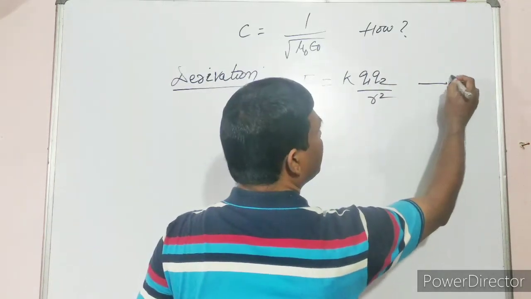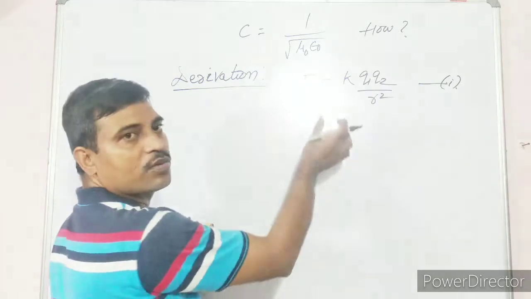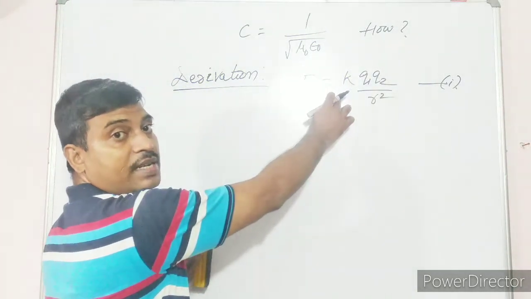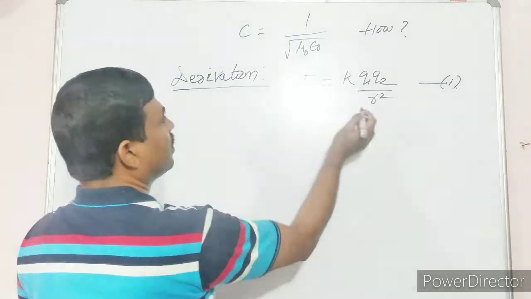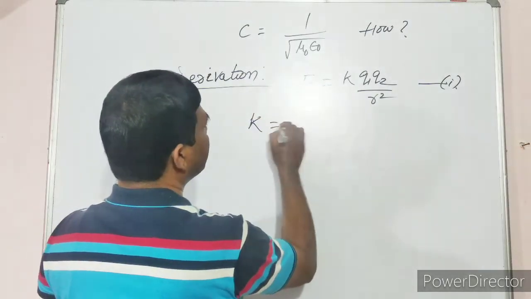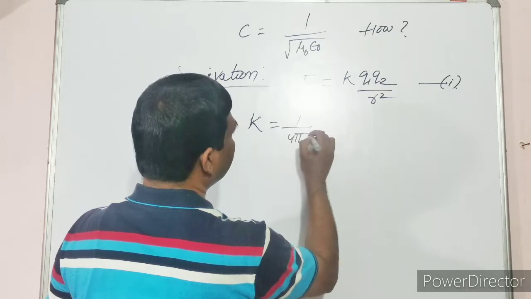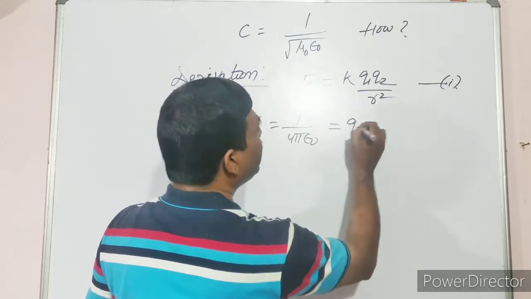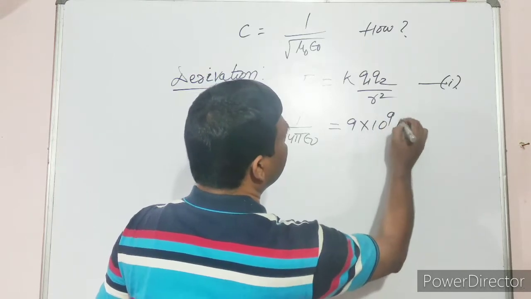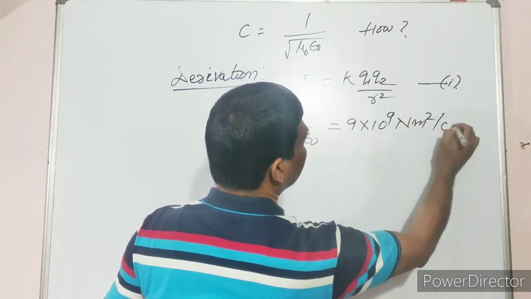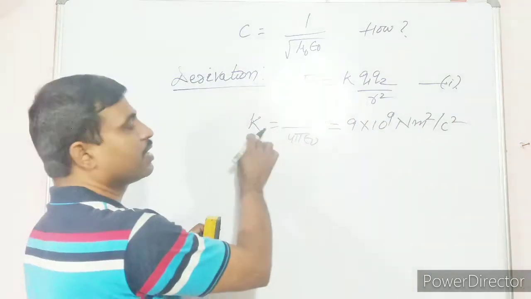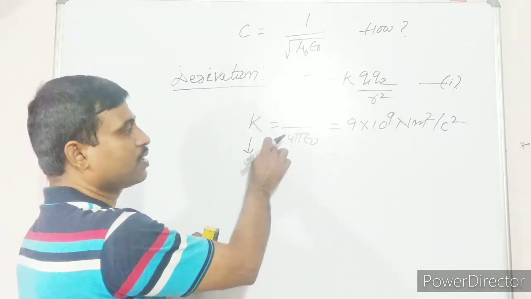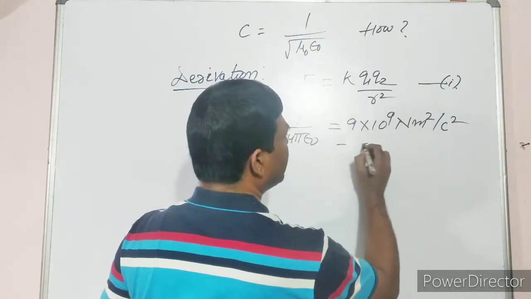We are not going to discuss detailed things, but what we require: K is the constant of proportionality, Coulomb's constant. Here K is 1 by 4 pi epsilon naught. What is its value? 9 into 10 to the power 9 Newton meter square per Coulomb square. From Coulomb's law you are getting this, and it is known as the electric force constant or Coulomb's constant in the SI system.